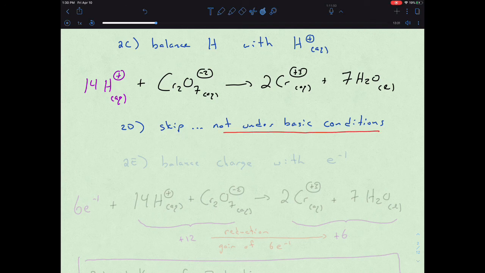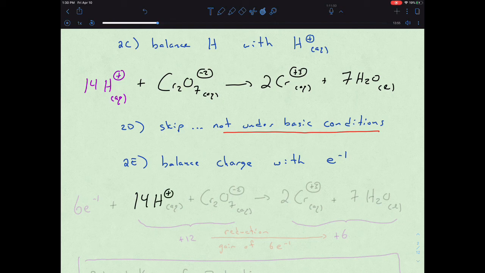We're under acidic conditions. And so within 2E, we want to balance charge with electrons. So our reaction at this point looks like this.